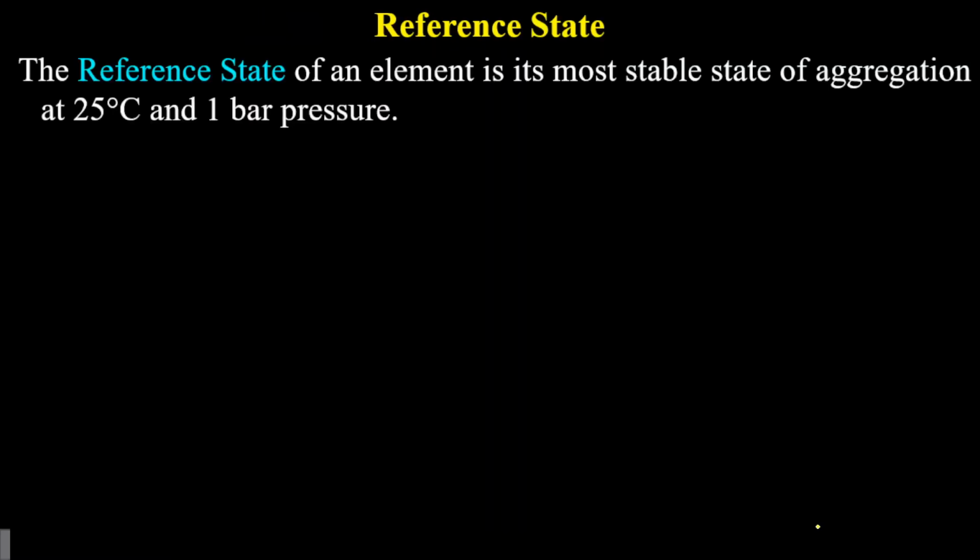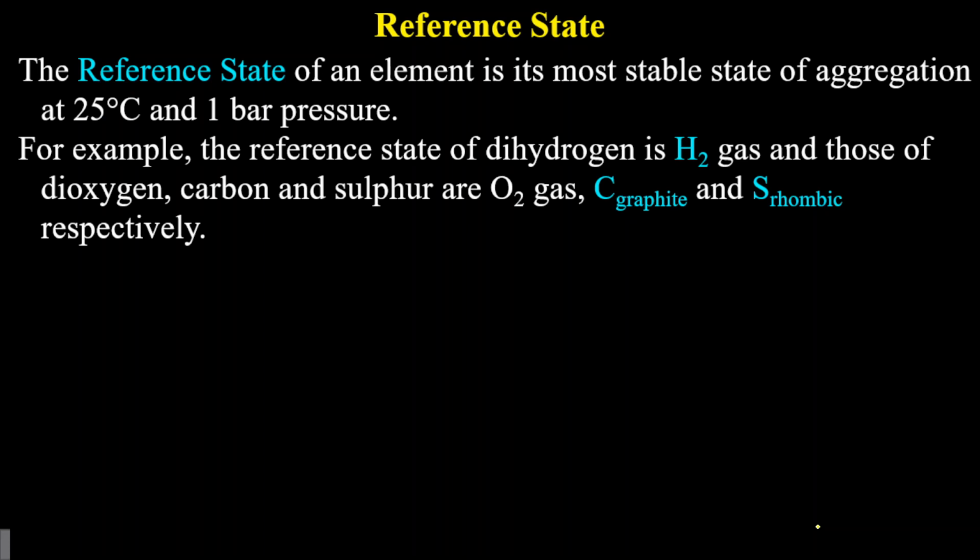The reference state is 1 bar pressure, which I told you earlier is the standard state. If it is at room temperature, 25 degrees Celsius, it is known as the reference state. For example, the reference state of dihydrogen is hydrogen gas, and of dioxygen is oxygen gas; for carbon it is graphite. This is important to remember: carbon's standard state is graphite, not coke, not diamond, not fullerene.